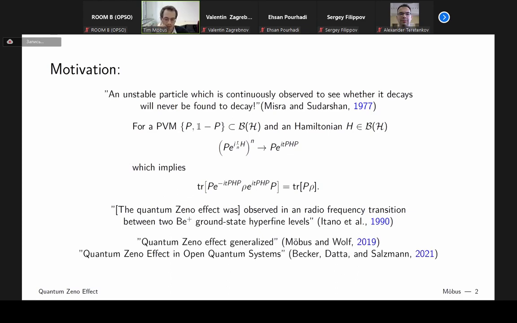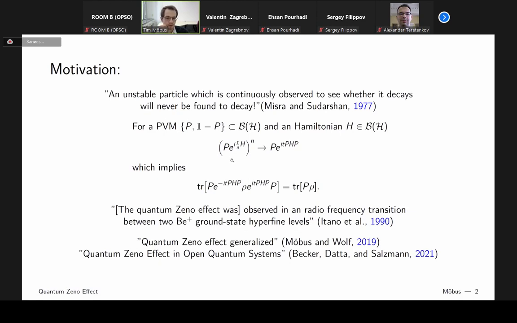One of those works is in collaboration with Michael Wolf from 2019, called Quantum Zeno Effect Generalized. In this work, we generalize this convergence from Misra and Sudarshan to not only PVMs, not only POVMs, but just quantum operations. So we need a few assumptions on an operator M here. And we extended this from closed quantum systems to open quantum systems and to infinite dimensions.